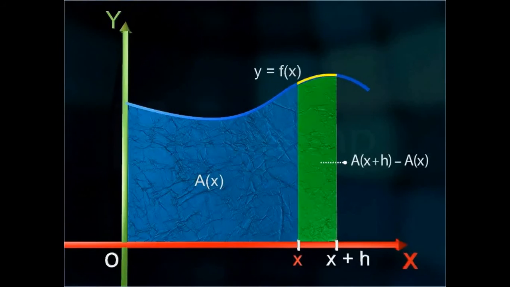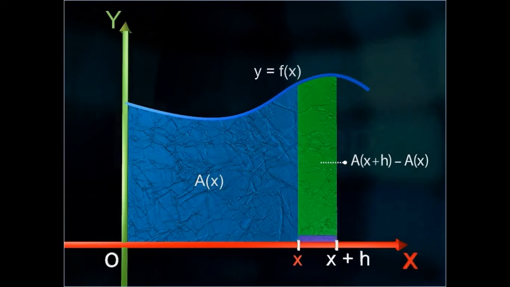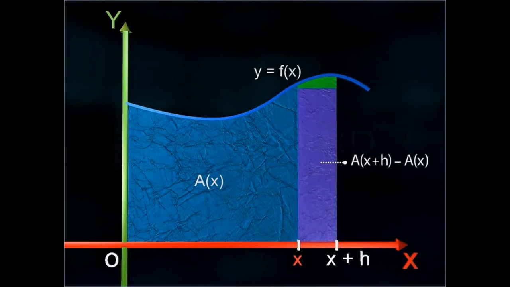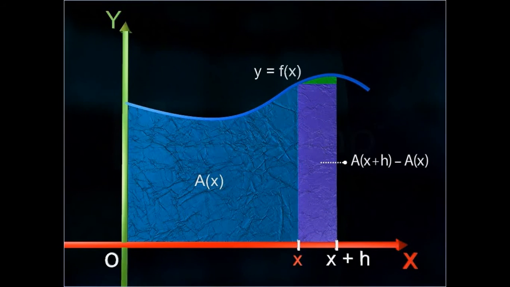The area under the curve between points x and x plus h can also be estimated by finding the product of length and breadth of the rectangle formed under the curve between x and x plus h.